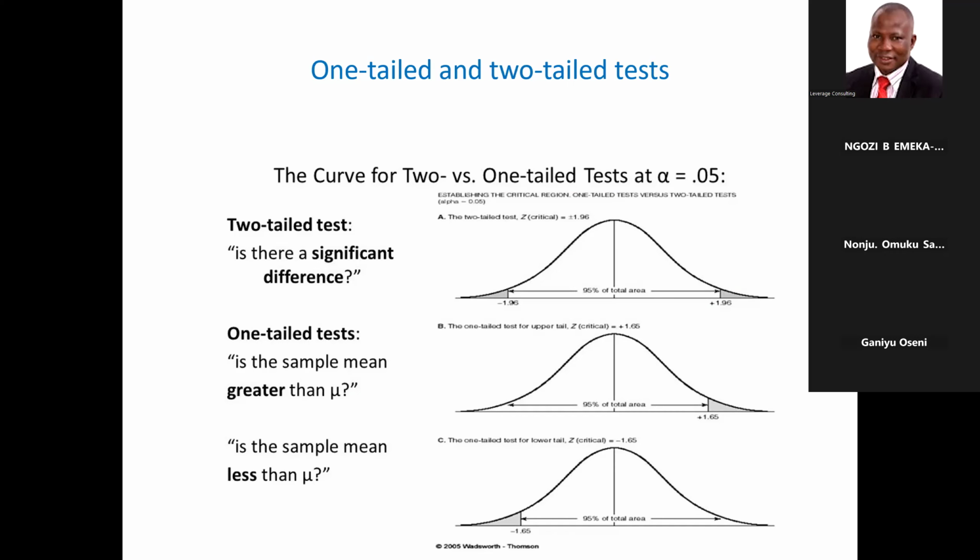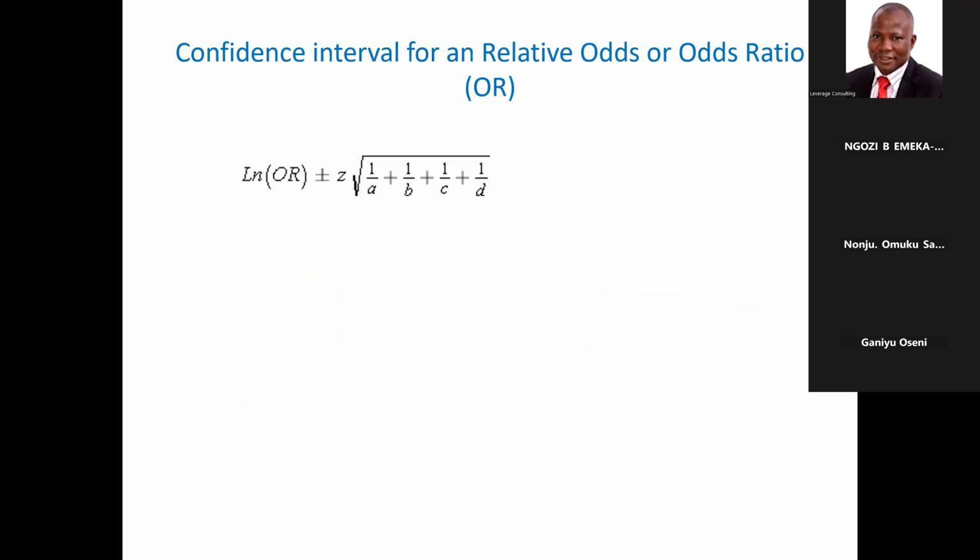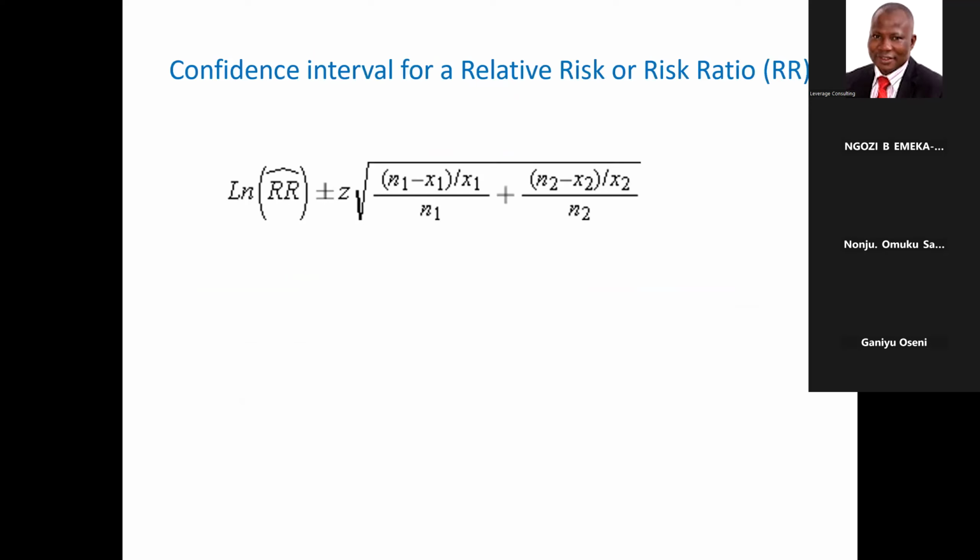There was a place you told us about the sample size being higher or lower than 30. Why the figure 30? If you go and check the t-test and z statistical tables, you know we talk about the degree of freedom. If you are doing a one-sample t-test, the degree of freedom is the sample size minus 1.